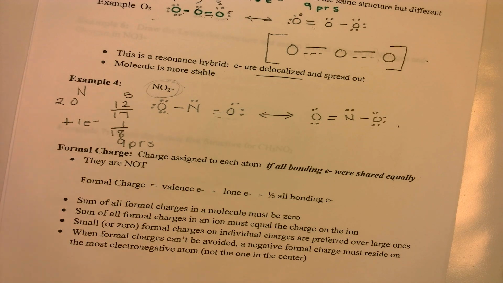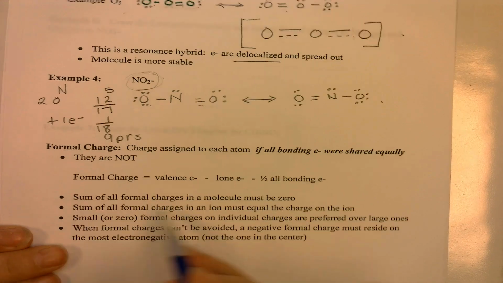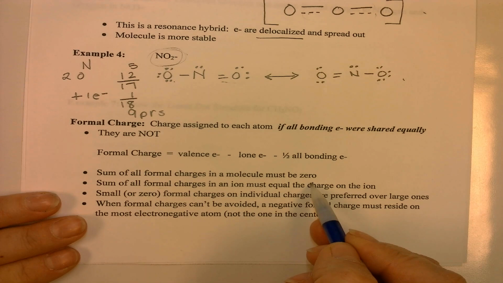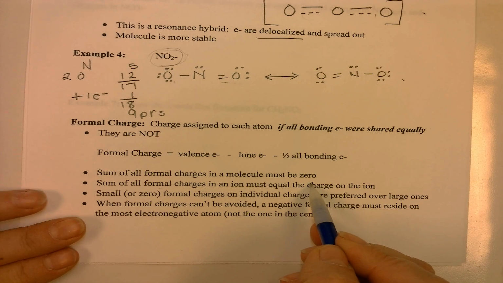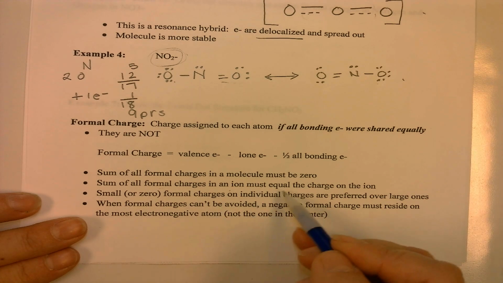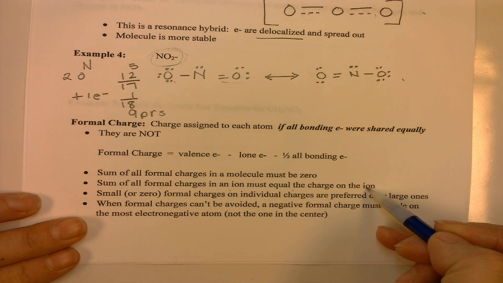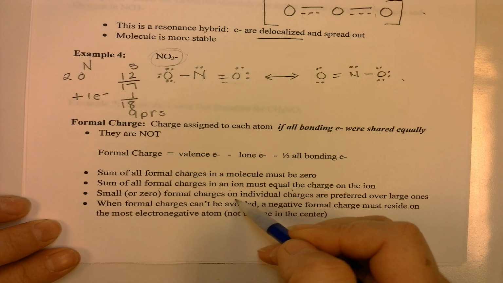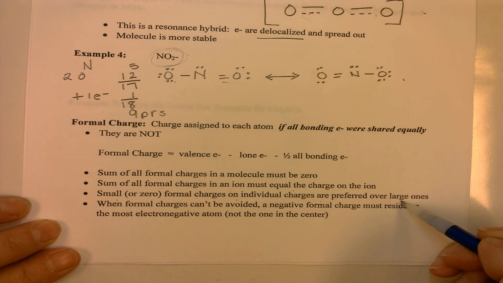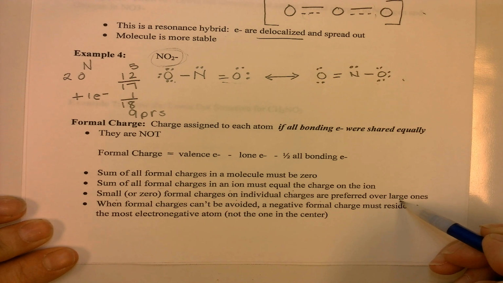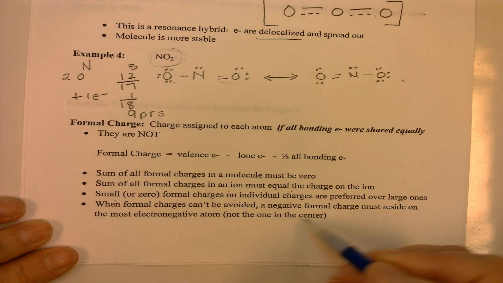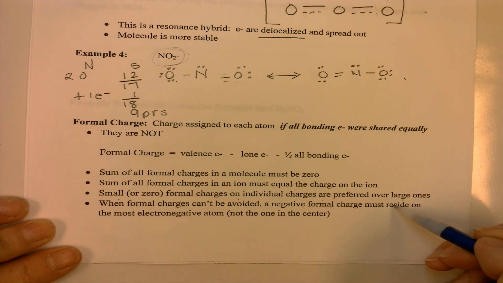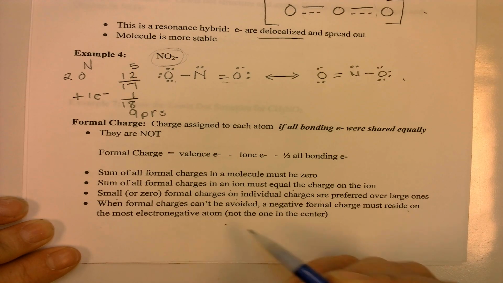Well, the way you know is by calculating formal charge, and the most stable structure will have a sum of 0. The sum of all the formal charges in an ion has to be equal to the charge of the ion. And small or 0 formal charges on individual atoms are preferred over large ones. So if you don't have 0, then the smaller the formal charge, the better. And when formal charges can't be avoided, the negative must reside on the most electronegative atom.